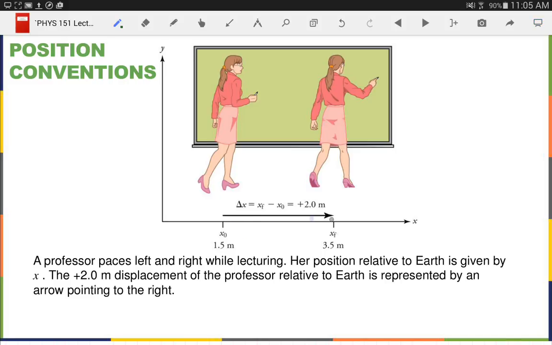In this case, because she moved to the right from 1.5 meters to 3.5 meters, the change, the final amount minus the initial amount, was 2 meters to the right, so plus 2.0 meters was her change in position. And that would be her displacement. So we have the sign convention there, how to determine if it's positive or negative and what the direction is.